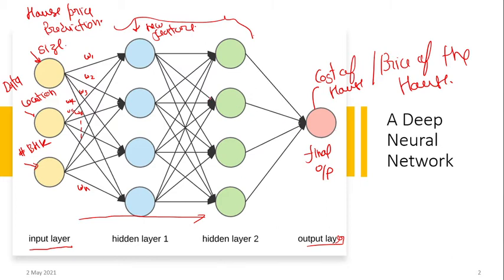Similarly, if you are talking about an image, in this particular input layer you will pass the image. Now you might ask how you will pass the image in three input nodes. No, then it will not be three input nodes; it will be equivalent to the number of pixels in your image, right?